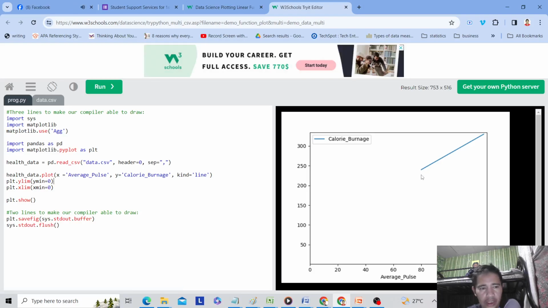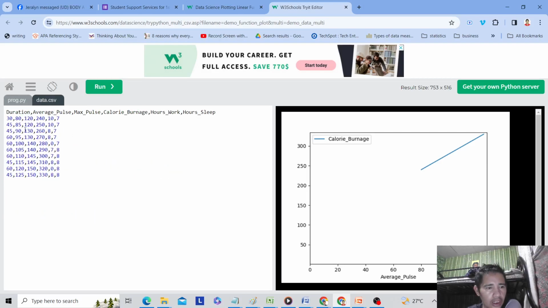here, somewhere in 80. The line started at 80 because the smallest data here for our average pulse, which is the second line, is 80. There you go. You can see there it says 80. So it starts at 80. We have 85.